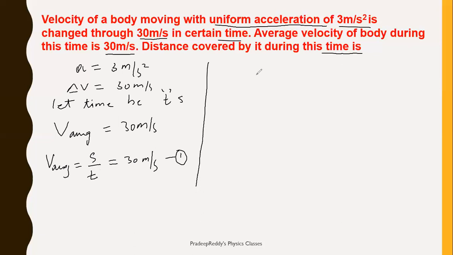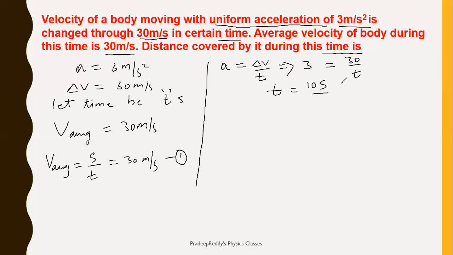So for T, we have the basic equation: acceleration A is equal to delta V divided by time taken. Acceleration is 3 meter per second square, which is equal to delta V 30 divided by T. Now finally, you can calculate T as 10 second. So time taken will be 10 second.